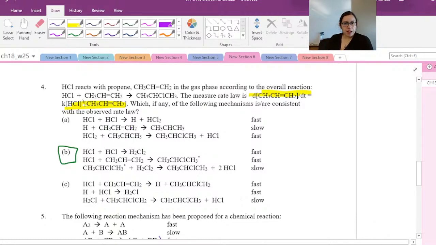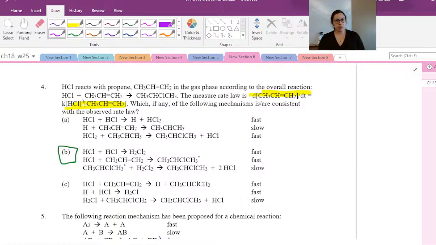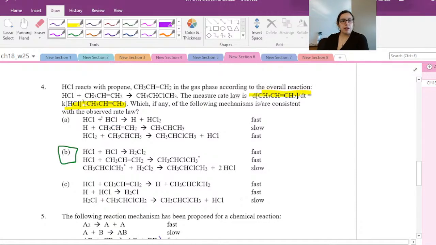So what's wrong with A when you look at the mechanism there? Remember, you can always write things and express things, but what's your slow step dependent on? The slow step is dependent on CH3, CH2, and hydrogen, so it would be dependent on those.